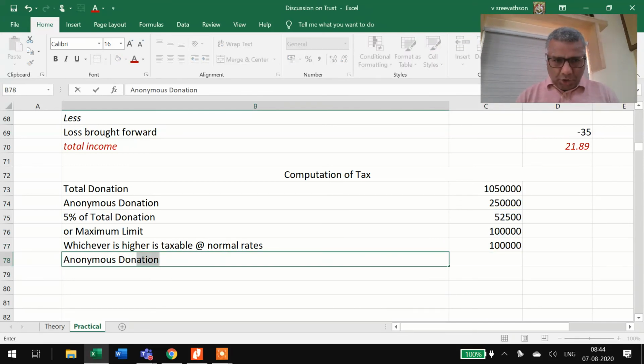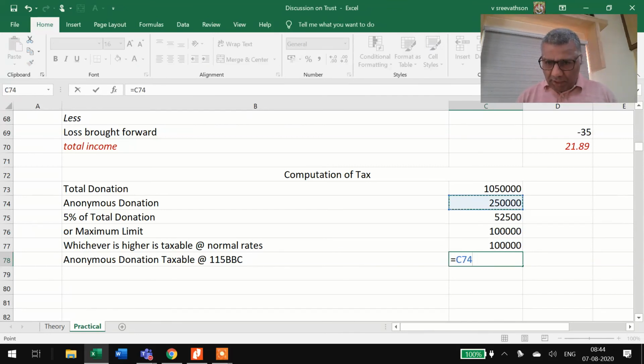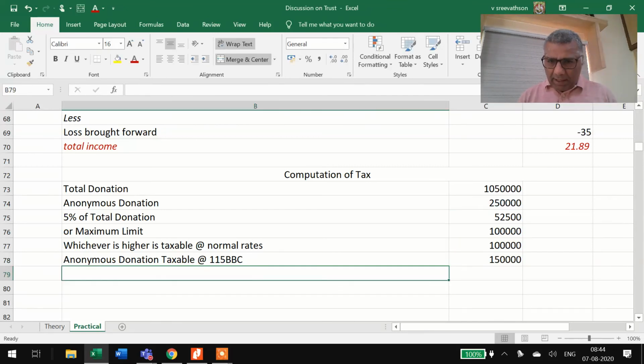Anonymous donation taxable at 115BBC is 2,50,000 minus 1 lakh. Repeating, out of my total donation, 5% of my donation or rupees 1 lakh, whichever is higher, can be anonymous.